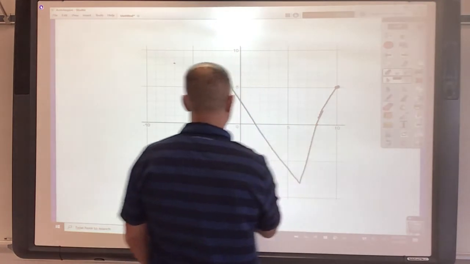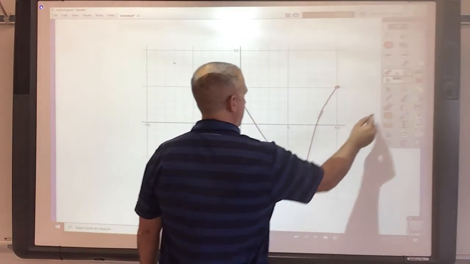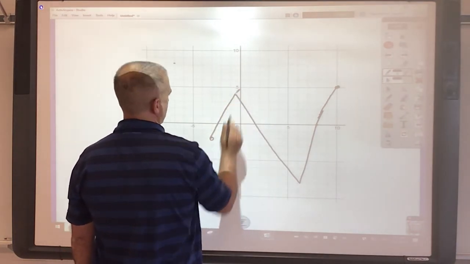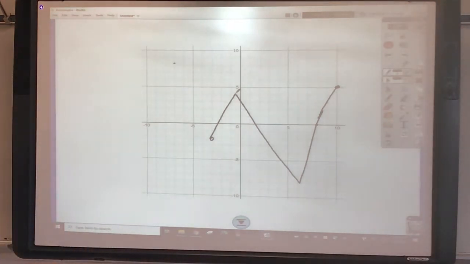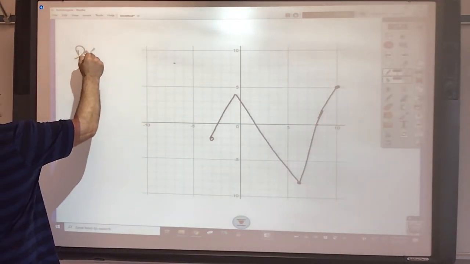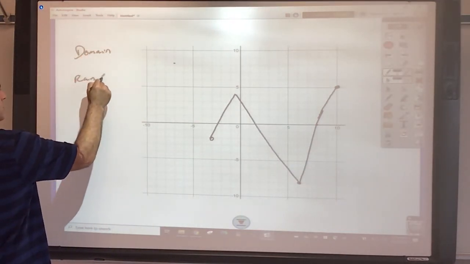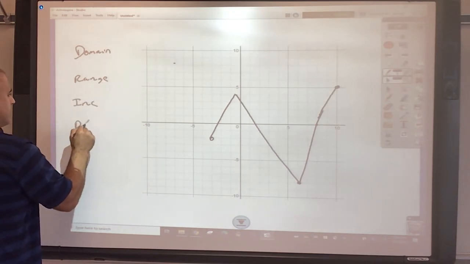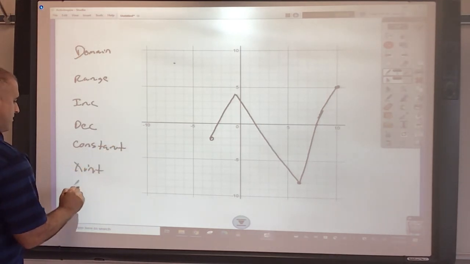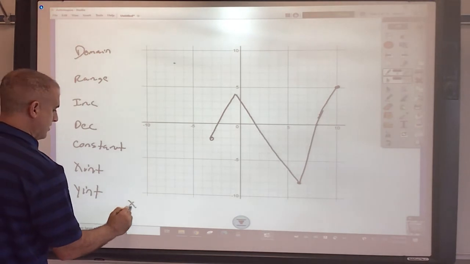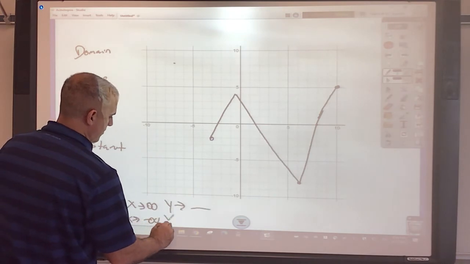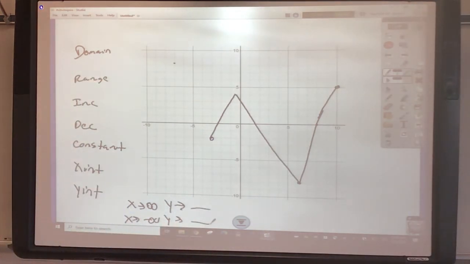Here's what I'd like you to find. You can estimate that right at that line there. I want you to find the domain, range, increasing, decreasing, constant, x-intercept, y-intercept, and answer these two questions. Go ahead and pause your video and figure that out.